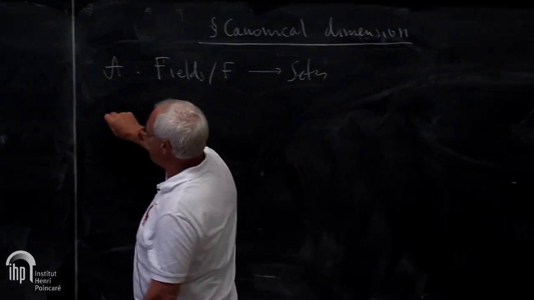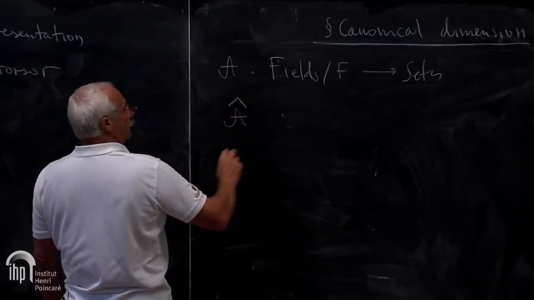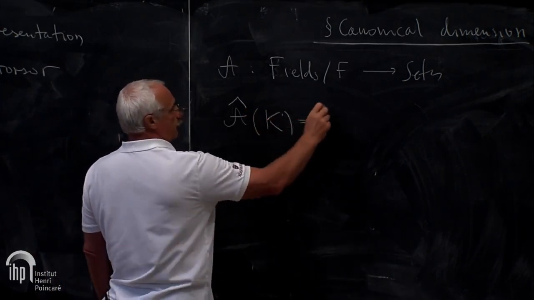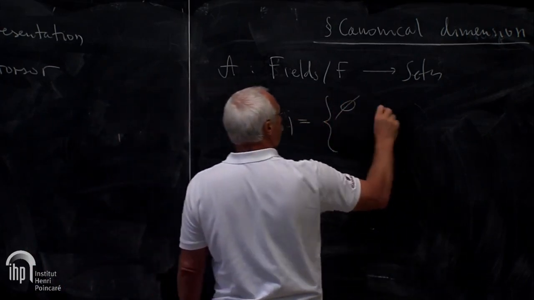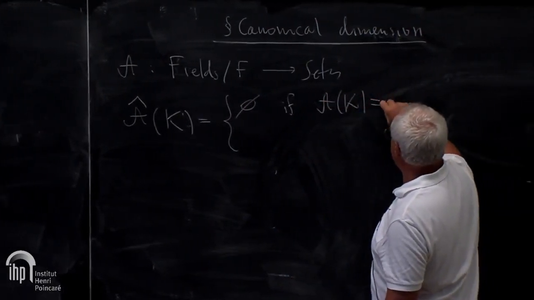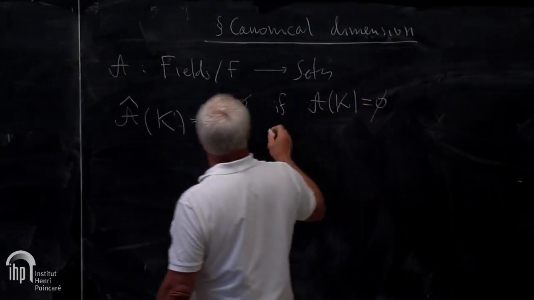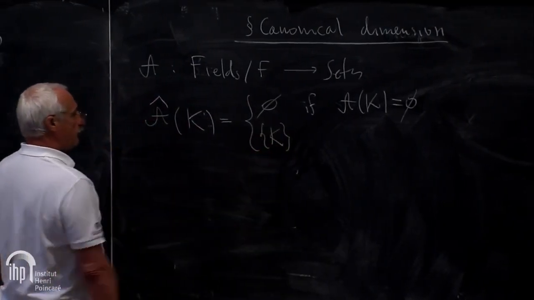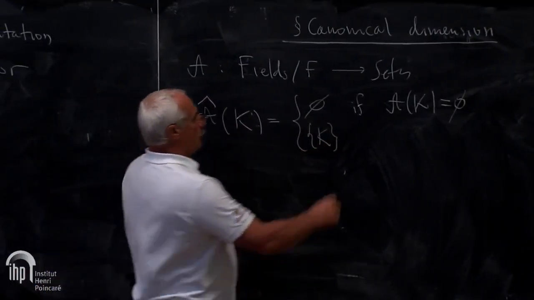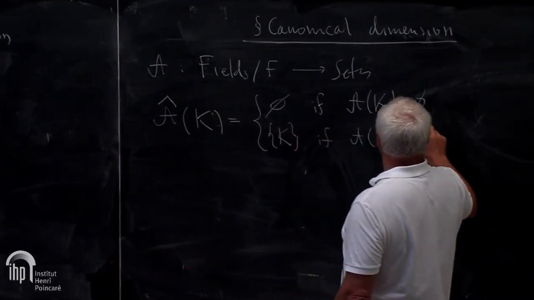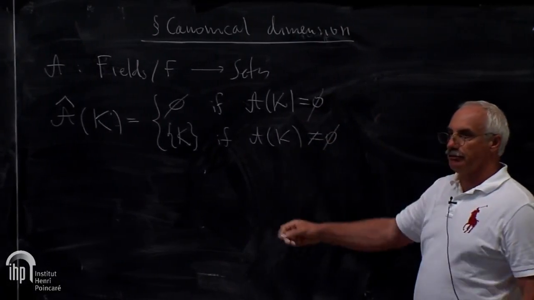We define the other functor A hat from fields to sets, defined as follows. It's empty if A(K) is empty, and it is just a one point set otherwise. So we collapse possibly a very big set to just one point.